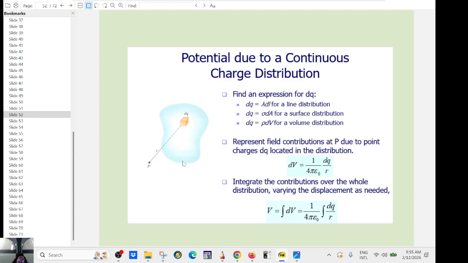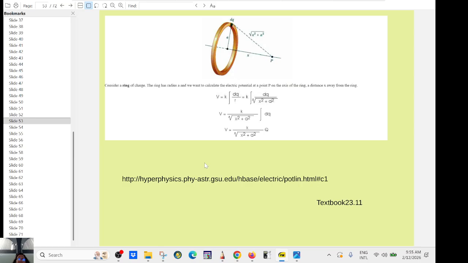So when you add up, you need to use an integral. Okay, so you have to scan through the inside to get the voltage at that point P from all the little dq inside. So it's a nice application of calculus, because Newton invented calculus. So it's just for physics, right? For nothing else. So an example would be a ring. Okay, you remember the ring.